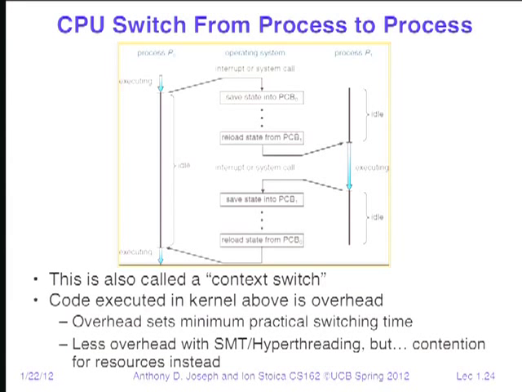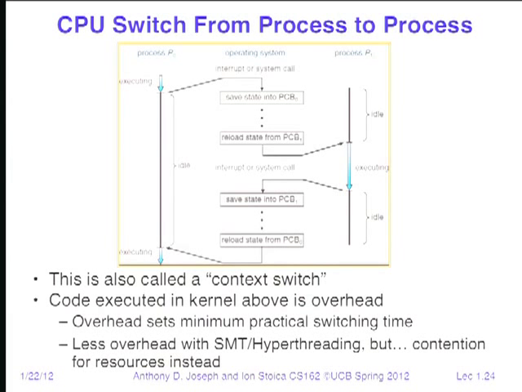So for example, if it takes us 2 milliseconds to do this switch from process 0 to process 1, and our timer is 10 milliseconds, that's a 20% overhead on operation. 20% of the time, we're not actually doing useful work. So in that case, we'd probably want to set the timer to be much, much higher, like say 100 milliseconds, in which case then we'd only be spending 2% of our time instead of 20%. Or, alternatively, we'll try and make this context switch as efficient and as quick as possible.